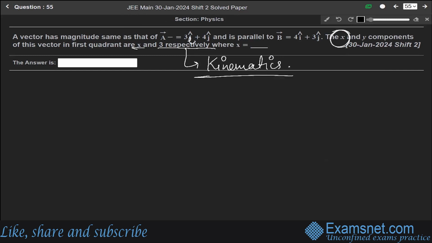Okay, according to the question, there is a vector whose magnitude is given by A, 3i cap plus 4j cap. And it is parallel to B equals 4i cap plus 3j cap. Now, let us say there is a vector x.